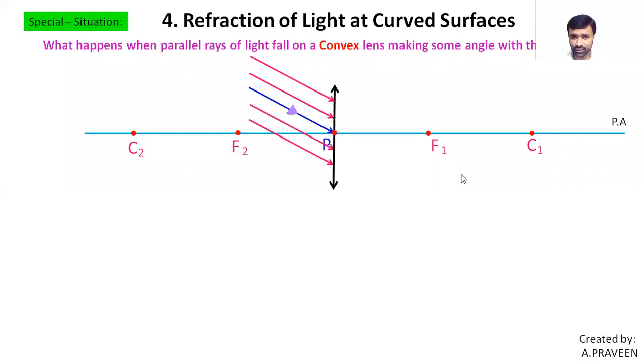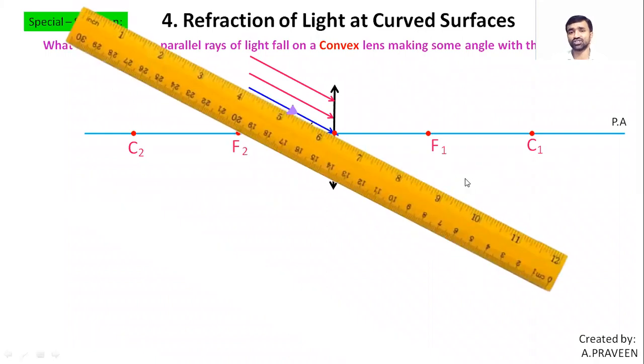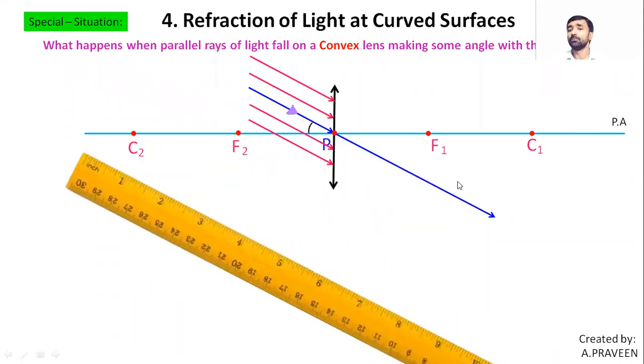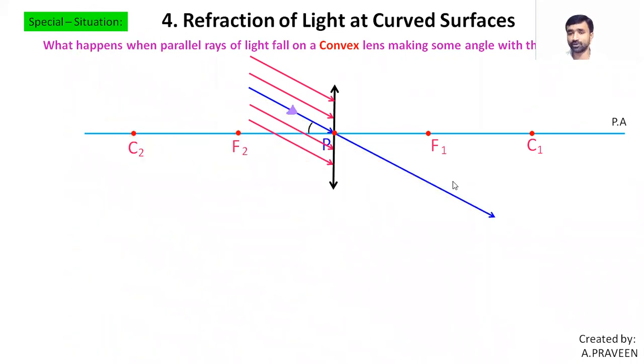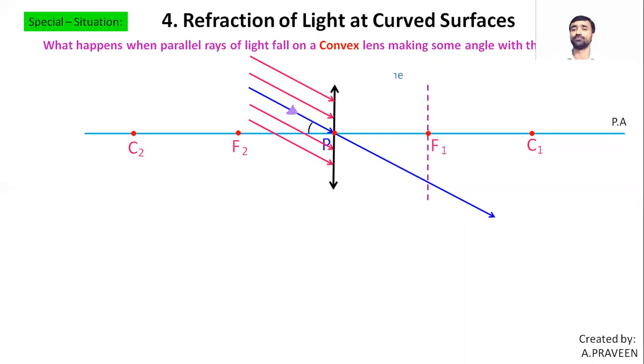So first of all, you need to complete that light ray behavior by placing your scale like this, right? Then draw the perpendicular to the principal axis through its focal point. F1 is the focal point for any lens. Remember, F1 is the focal point for any lens. So here I have drawn a vertical line passing through F1. This is called a focal plane, right? So this is your step 1.